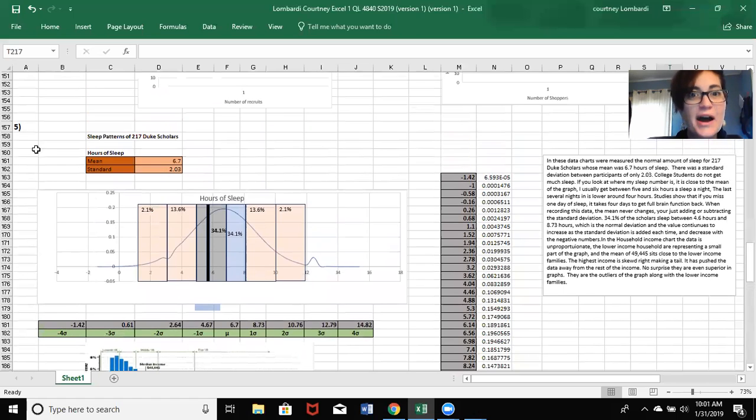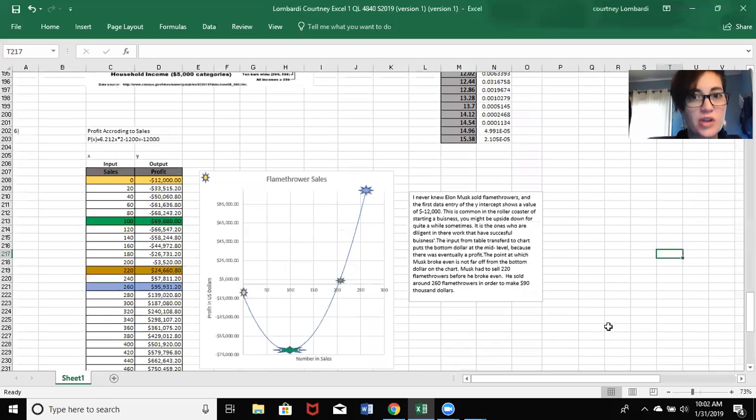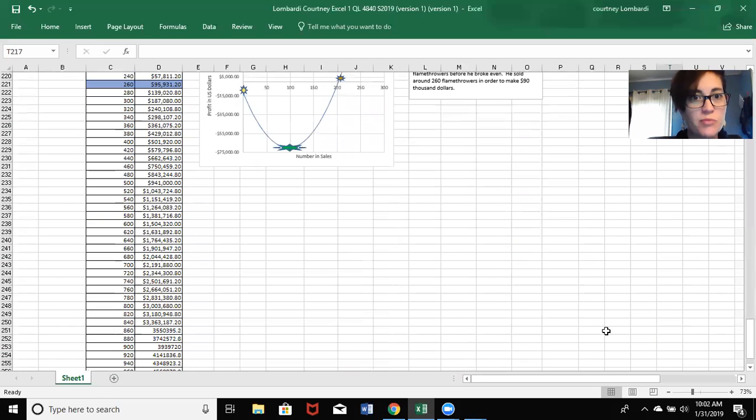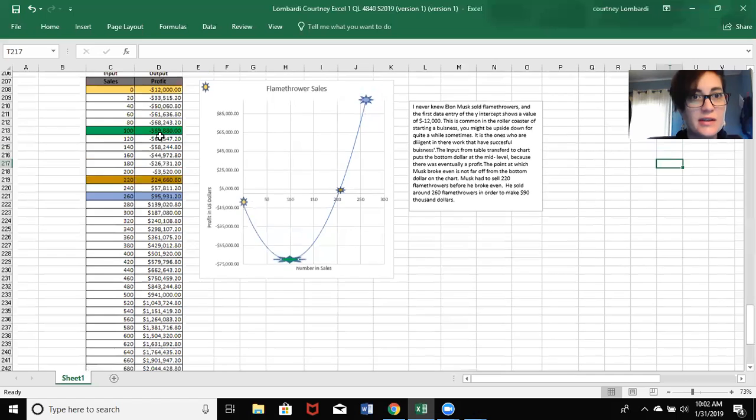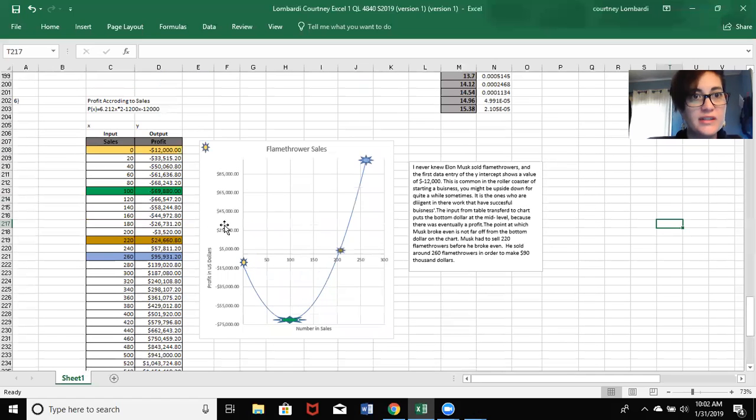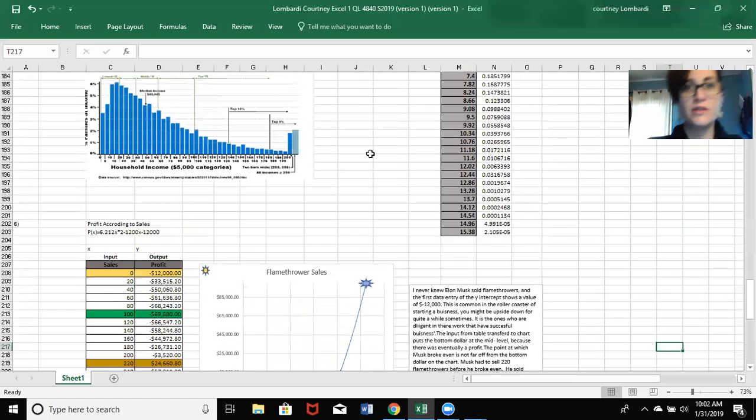So in this video, we talked about the charts and graphs and whatnot. Here on Elon Musk, we've taken this profit data and put it onto a chart to see how a business venture would look on a graph.